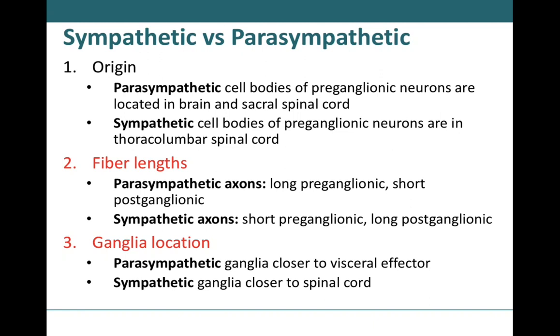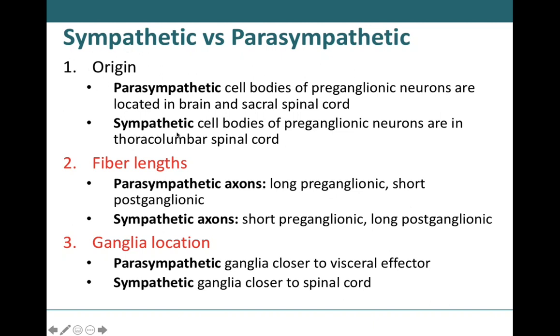They differ in the length of their preganglionic and postganglionic axons, and they also differ in the location of their ganglia, how close or far that ganglia can be found to the spinal cord or to the visceral organ that it's innervating.